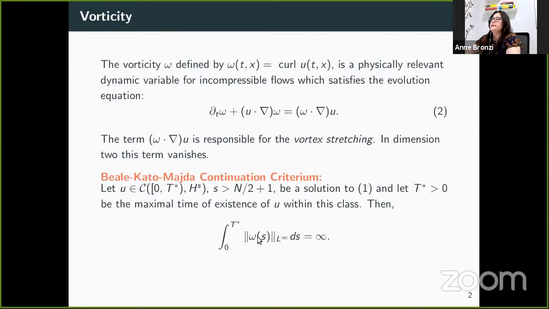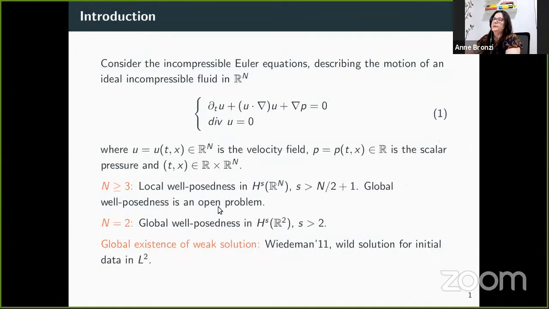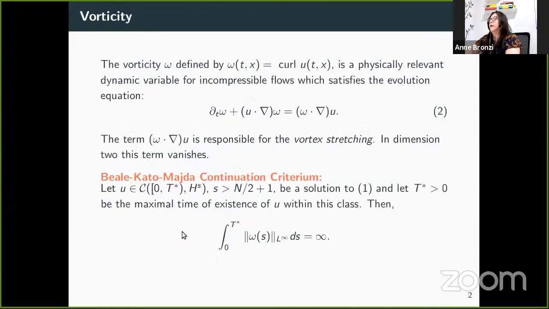What happens is that for dimension 2, since we don't have this term, if we start with regular initial data, then the L infinity norm of the vorticity will be controlled. So in 2 dimensions, with this criterion, we pass from local well-posedness to global well-posedness.